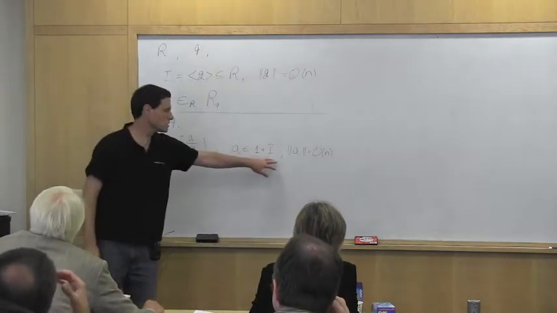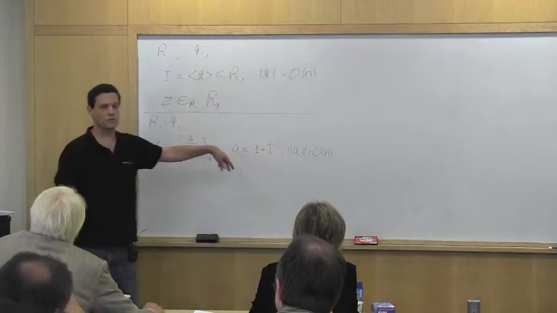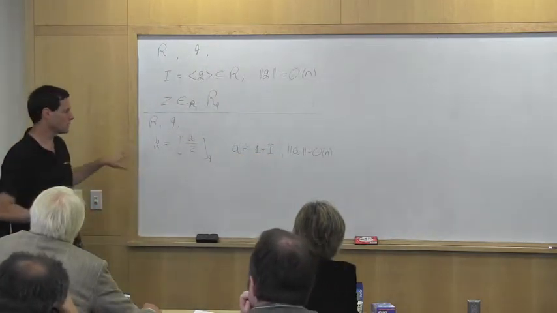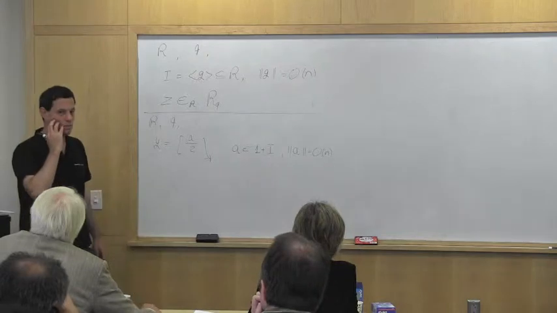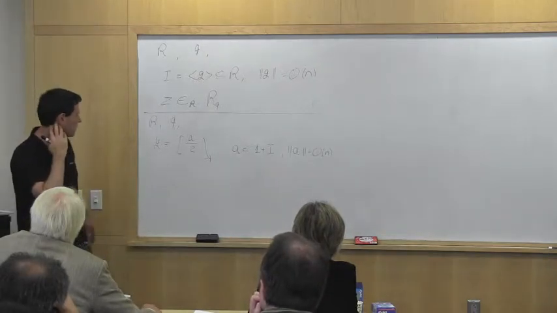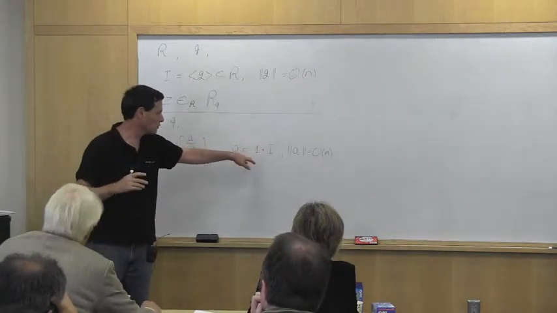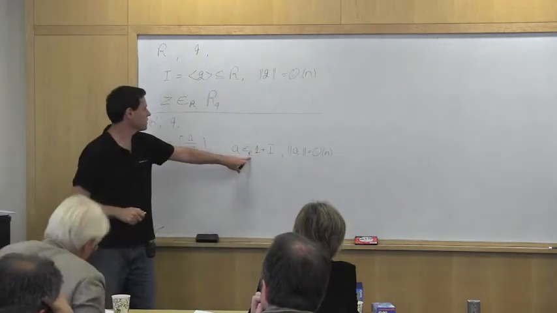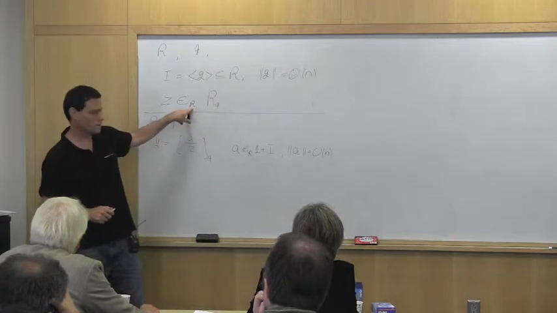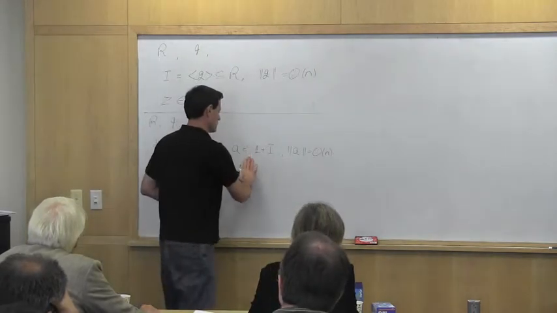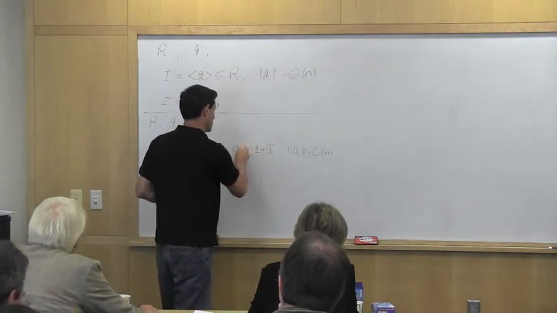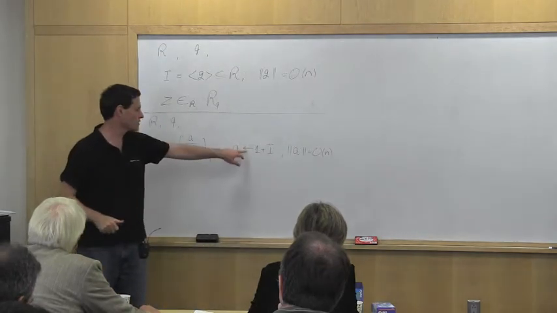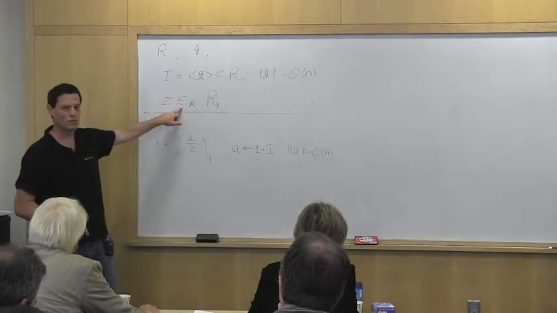Once you take this thing and view it as a representative of an element in R_q, this means choosing at random a small element, and this means choosing at random a unit.